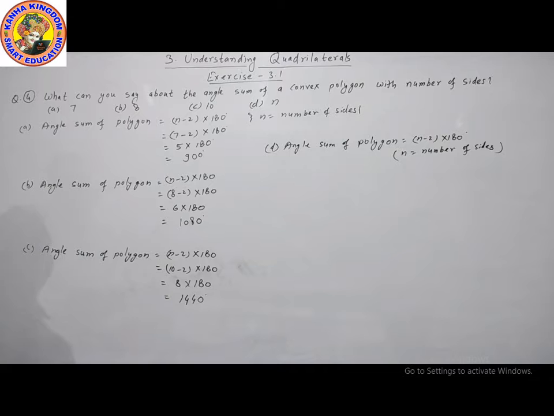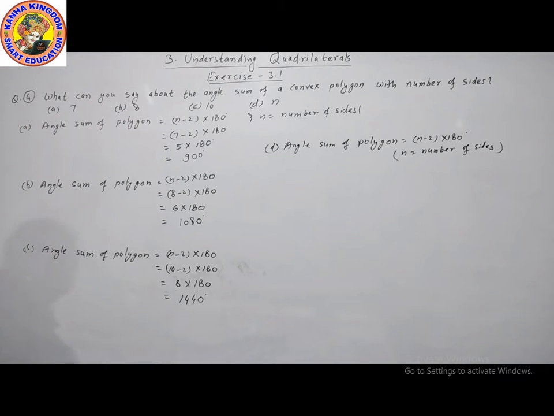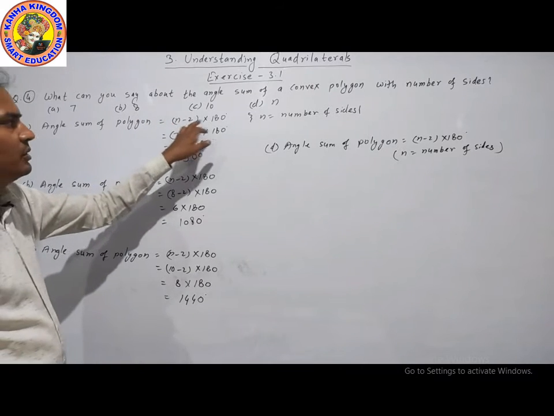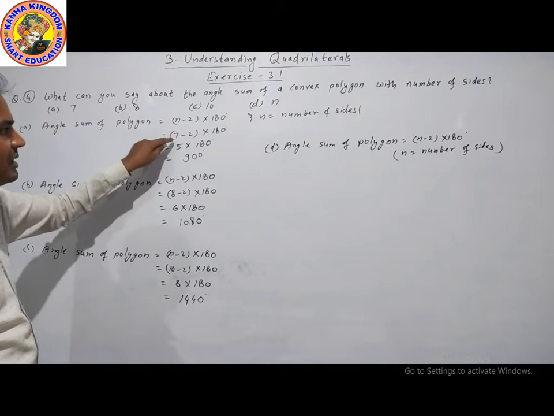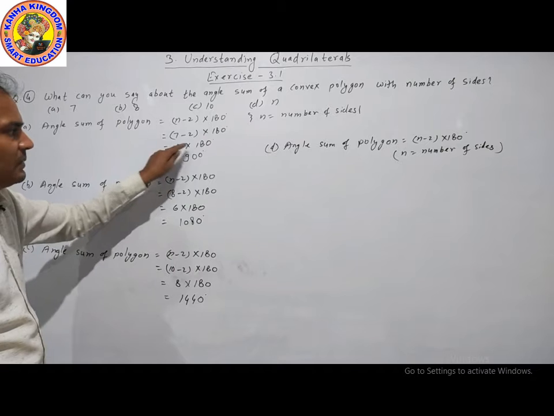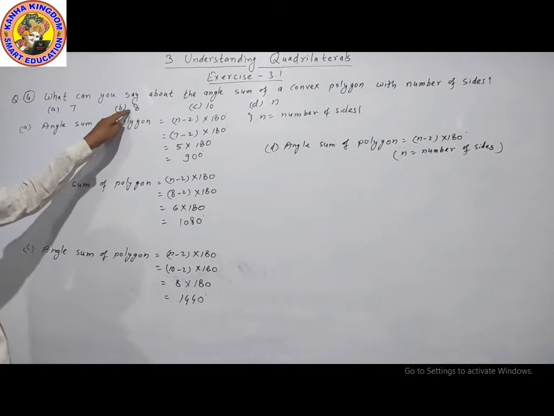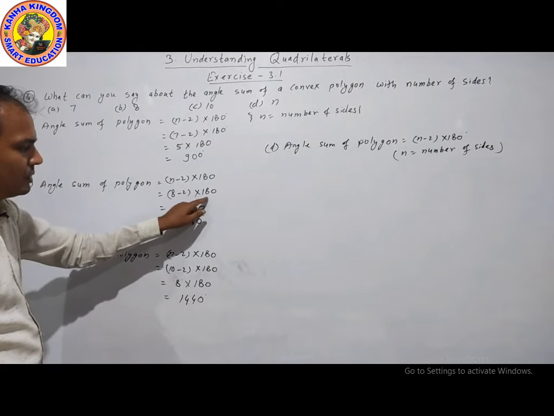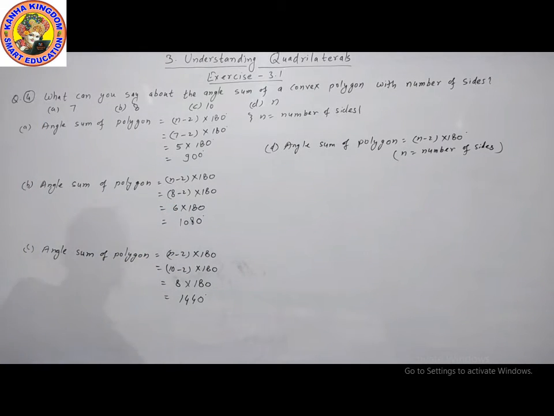Let us take it from the beginning of this question. What can you say about the angle sum of a convex polygon with this number of sides? We have a formula for the angle sum of a polygon: (n minus 2) into 180, n is the number of sides. First question, the number of sides is 7, 7 minus 2 is 5, 5 into 180 is 900. In the second, the number of sides is 8, so 8 minus 2 into 180, 6 into 180, 1080.